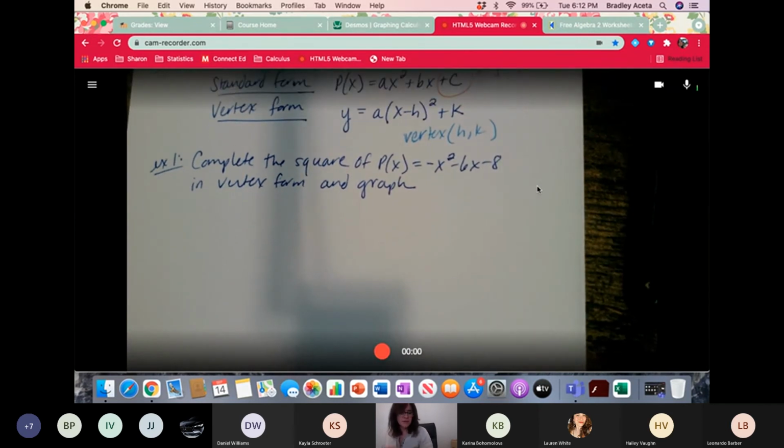Complete the square of negative x squared minus 6x minus 8. Now, this would be very easy to just plug into a calculator, but remember, they're going to ask you questions and put it in vertex form. So you're going to have to make sure you do the completing the square part.